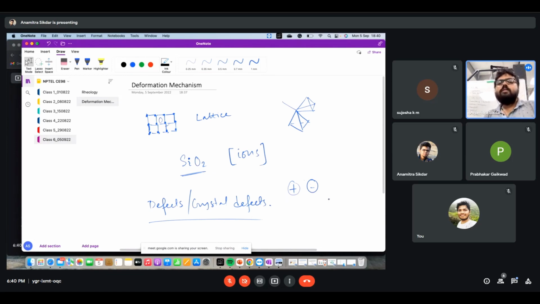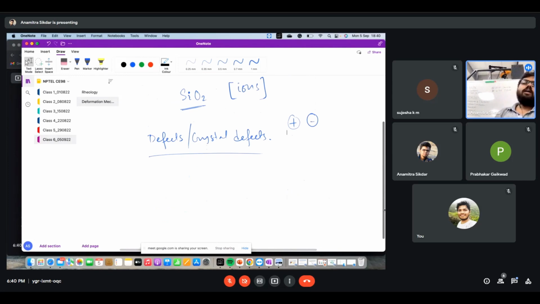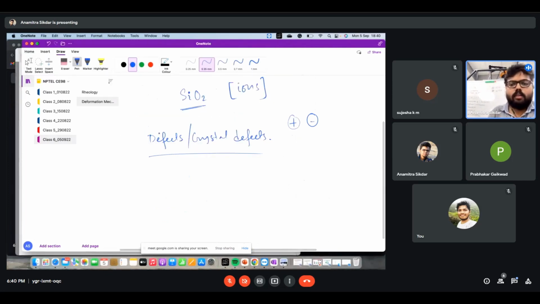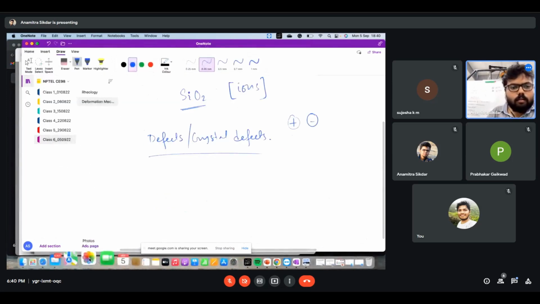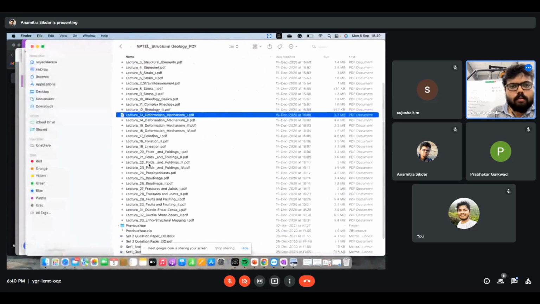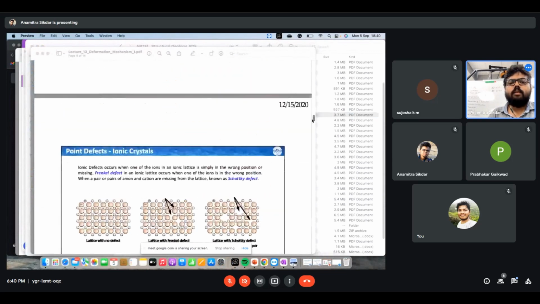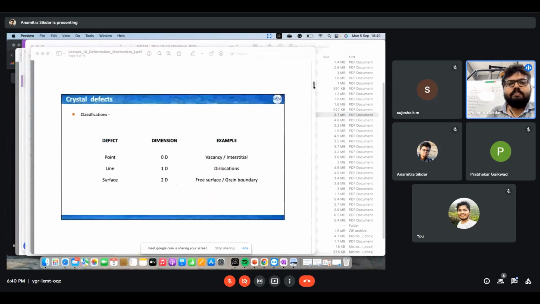These defects can be of various kinds. It can be a point defect, and it can be a line defect, which is covered later. And it can, of course, be a surface defect.